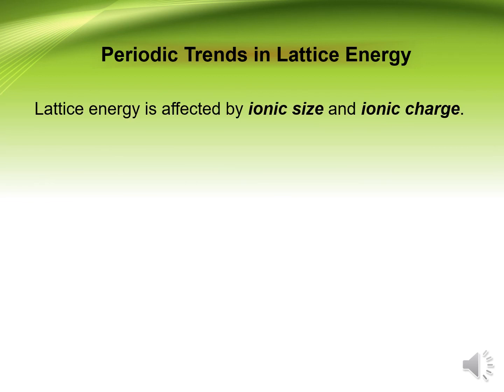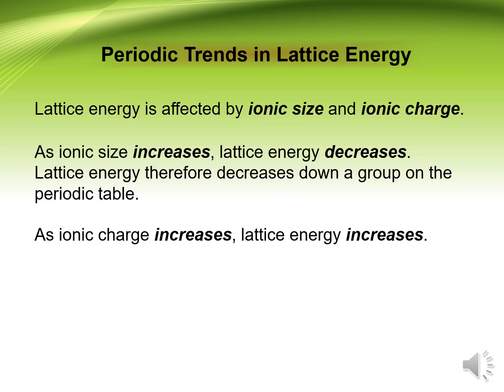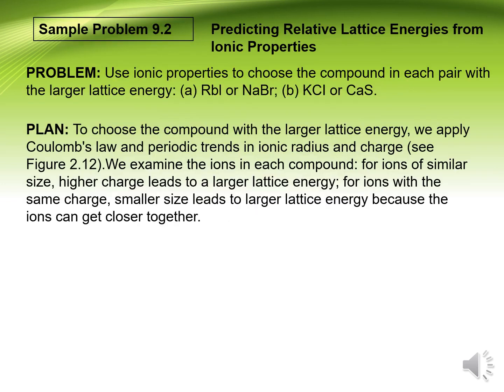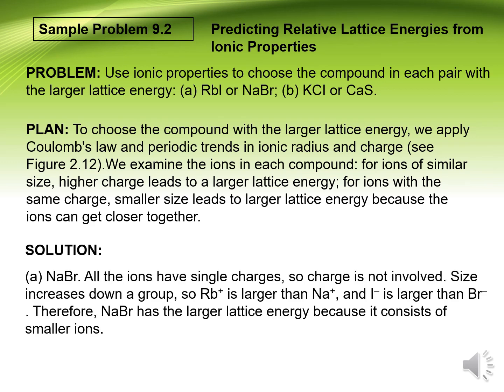There are two factors that affect the amount of lattice energy in the system. First, the ionic size and ionic charge. The bigger the size, the lower the lattice energy. The higher the ionic charge, the higher the lattice energy. You can use this example to relate size and charge with lattice energy.